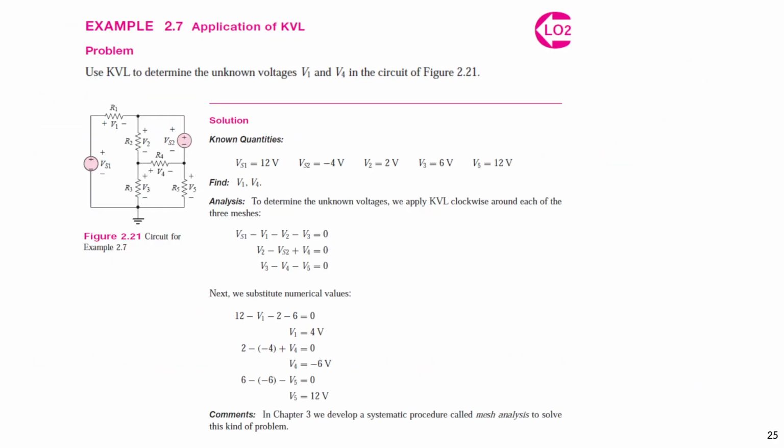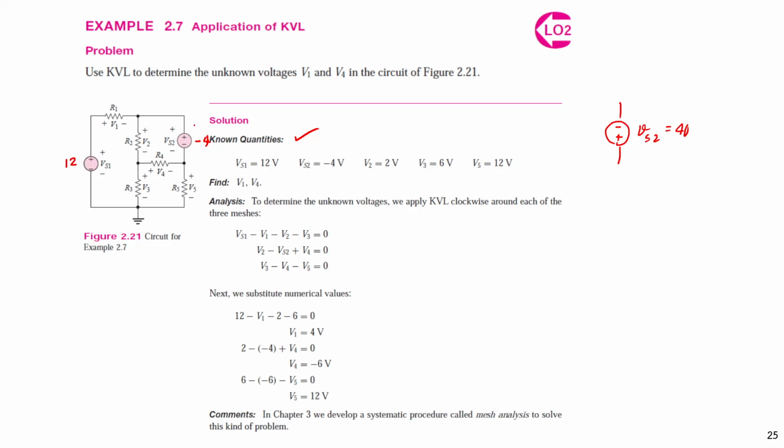Okay, another example. From this circuit, determine the unknown voltages V1 and V4. If we know that Vs is 12, Vs2 is minus 4. What do we mean by minus 4? It means in fact Vs2 is in this direction, right? Like this, right?